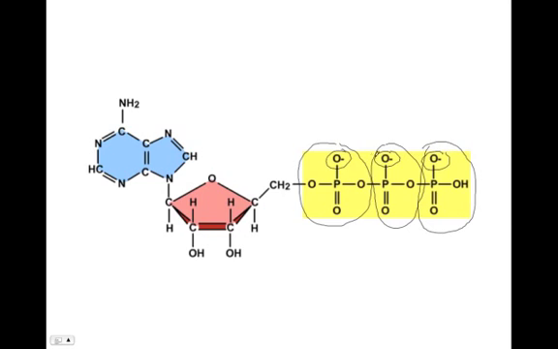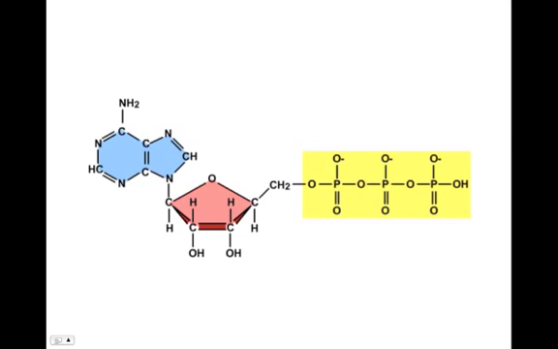Now, since like charges repel, there's a lot of repulsive activity going on between each of these oxygen atoms here. With all of that repulsive energy, then, the bonds connecting these phosphate groups together have to be incredibly strong. So these bonds contain a lot of potential energy.